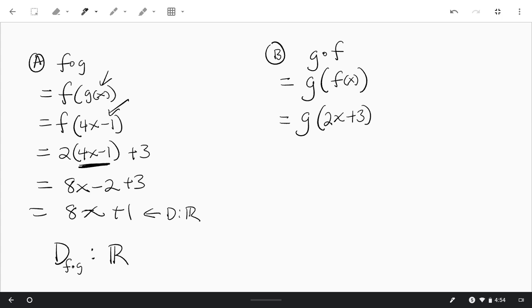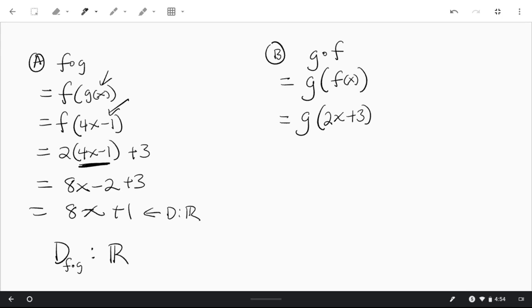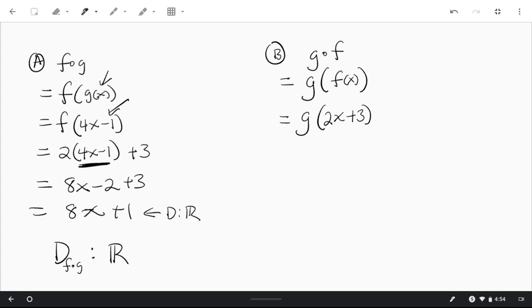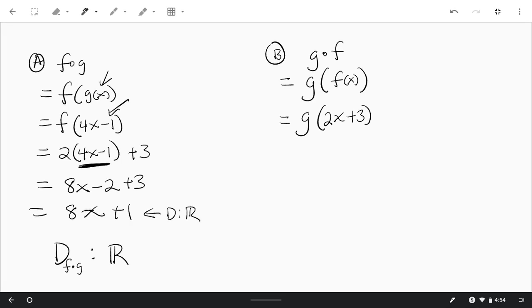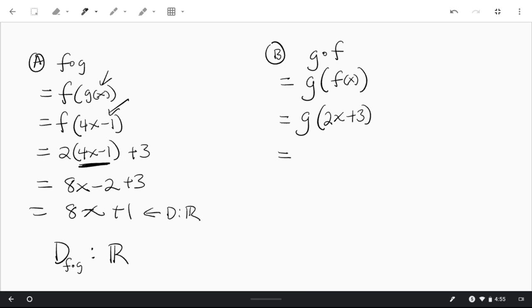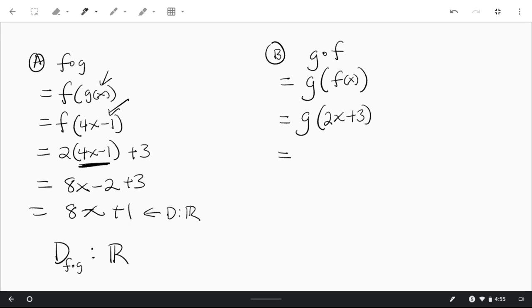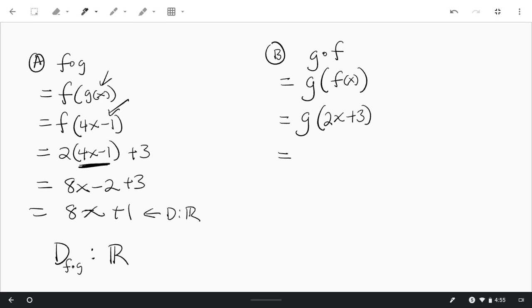This means I have to replace all the x's in g with 2x plus 3. g is 4x minus 1, so instead I'm going to write 4 times (2x plus 3) minus 1.